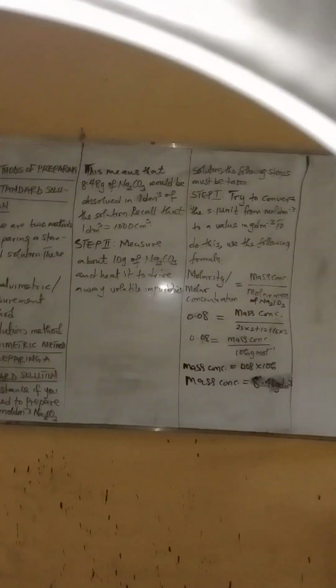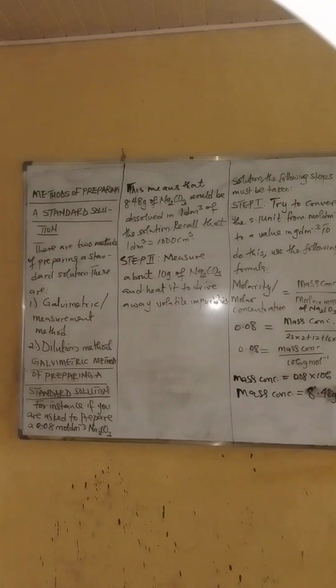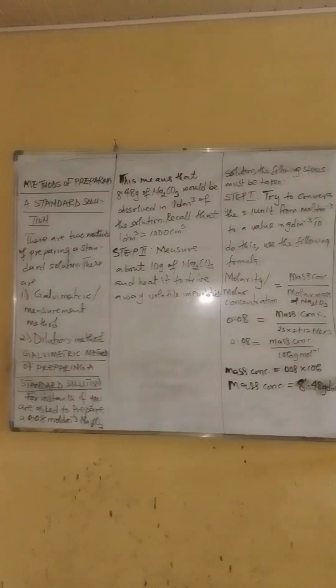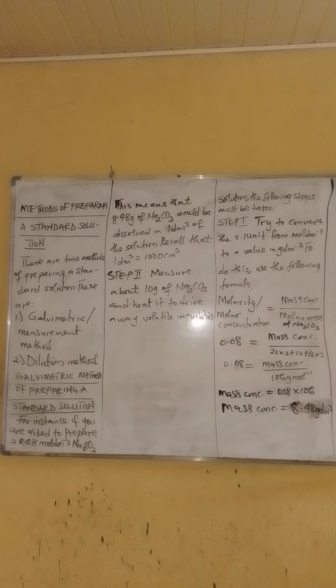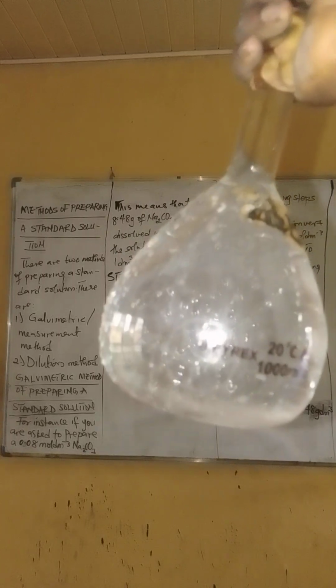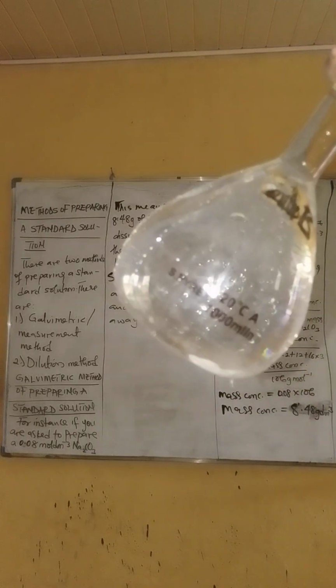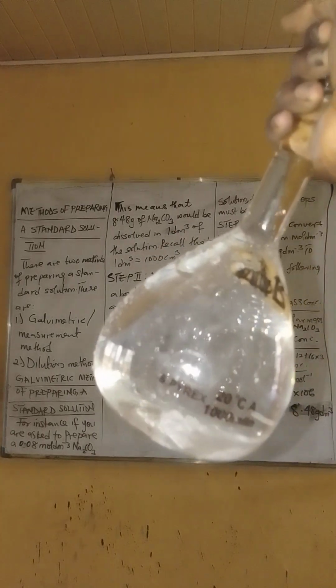So what I have inside this solution now is 8.5 gram of Na2CO3 inside 1000 cm cube of the solution.